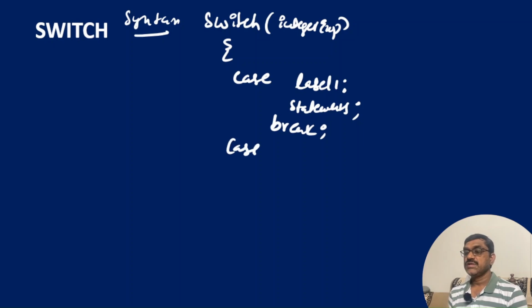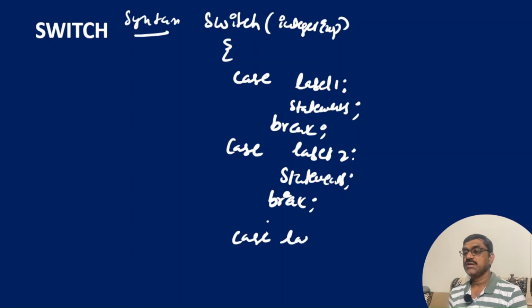Now after this, you write another case, label 2. Again, you write some statements. Now you go to the break, and so on. Last, you can write case label N and colon. This is colon, please remember. Label ends with colon.